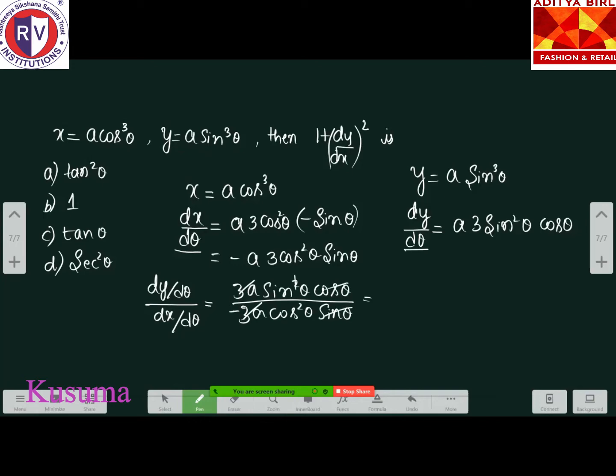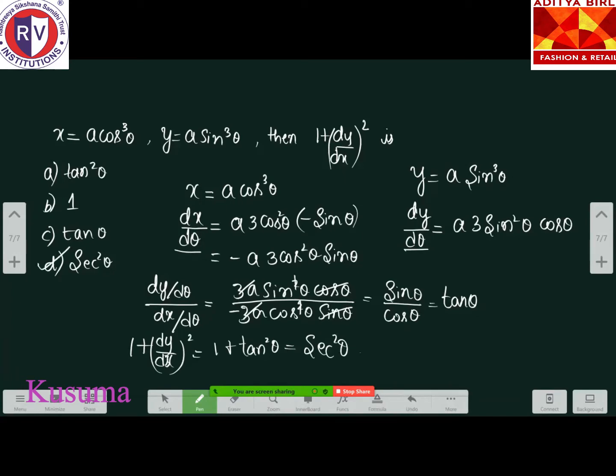Sin and cos cancel, and what is left is sin theta by cos theta, which is tan theta. Now let us find out what is 1 plus (dy by dx) whole square. So this will be 1 plus tan square theta. What is 1 plus tan square theta? Secant square theta. So this is your option D.